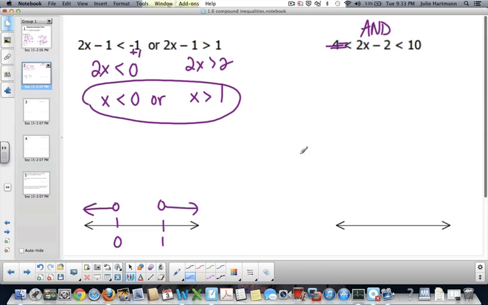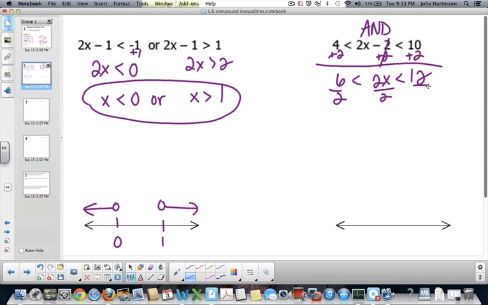So what I really would do is add 2 to everything. So that's 6 is less than 2x is less than 10 plus 2 is 12. Again, just look at 2x is less than 12, divide by 2, so divide everything by 2. 3 is less than x is less than 6. Okay, so that would be the answer.